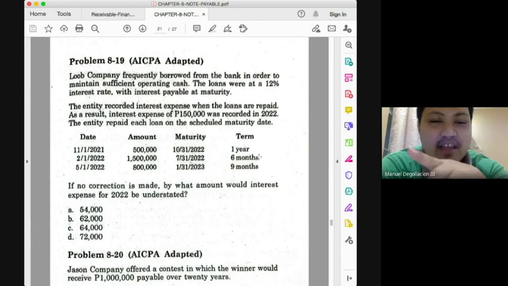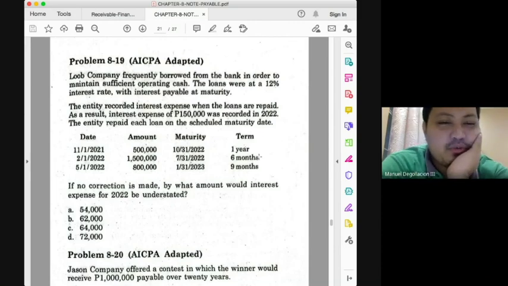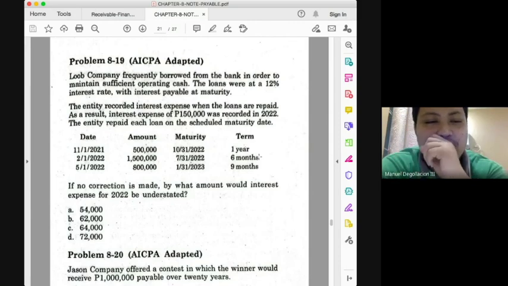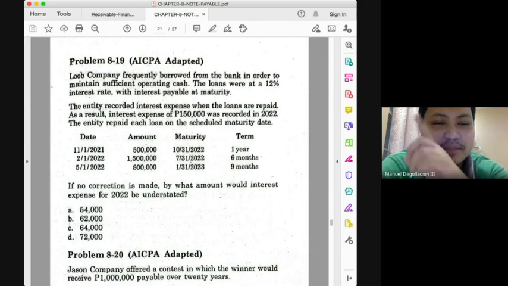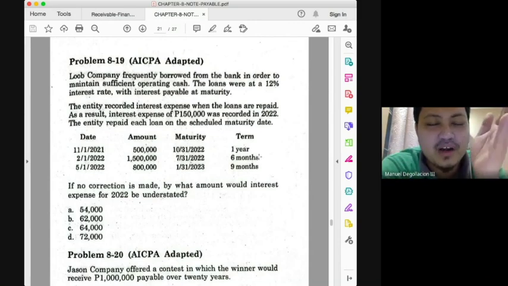And then, since it matures this year, by the end of the year, the amount of interest recognized for this promissory note would be for the entirety of the 1 year period, even though the amount of interest that should be recognized as expense this year should only be from January to October 31.